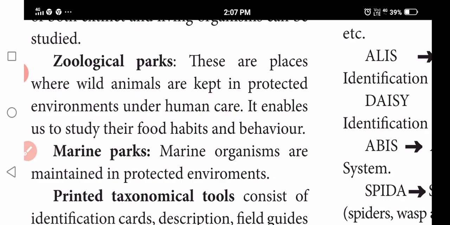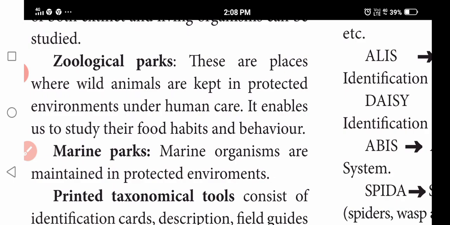Zoological parks are like national parks. A national park is an area strictly reserved for the betterment of wildlife, so activities like forestry, grazing and cultivation are not permitted.